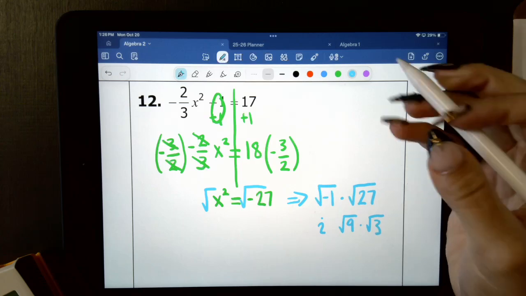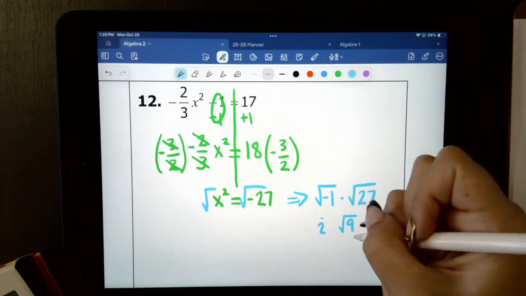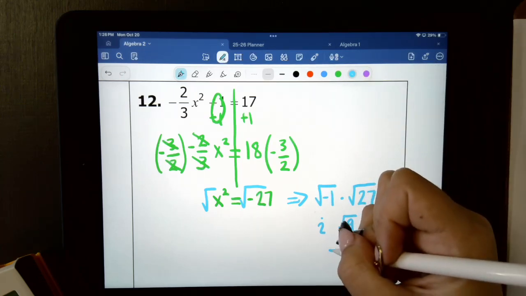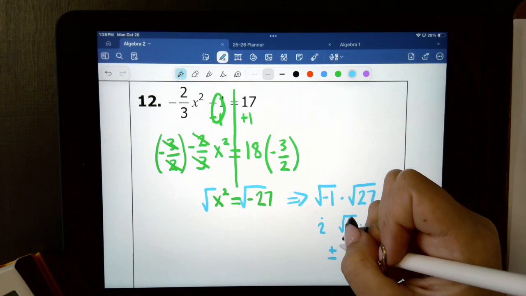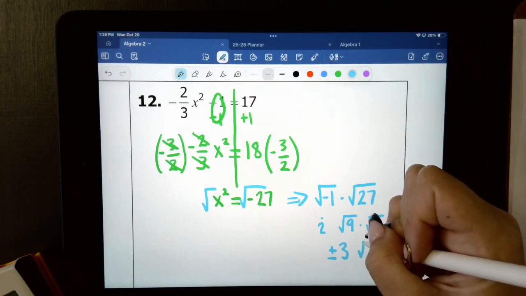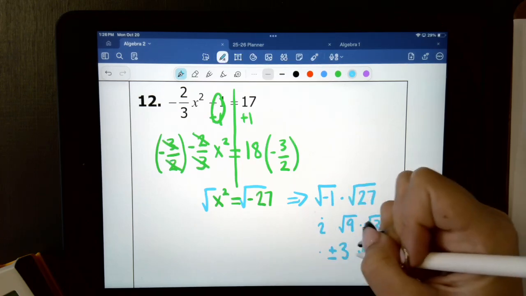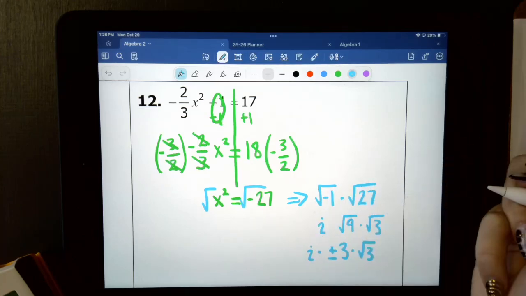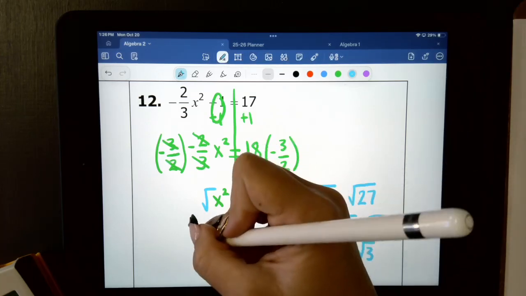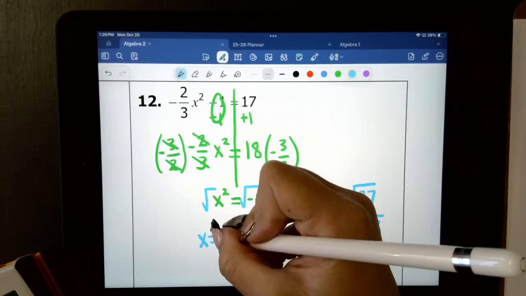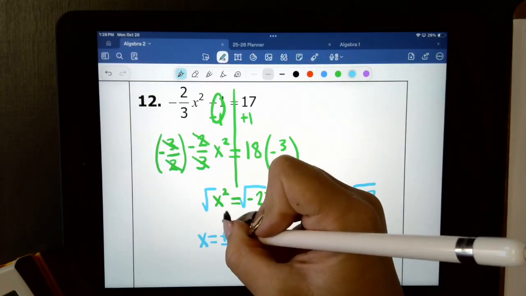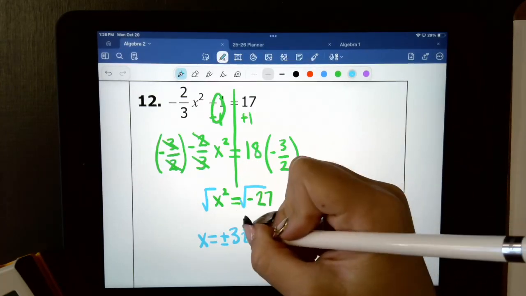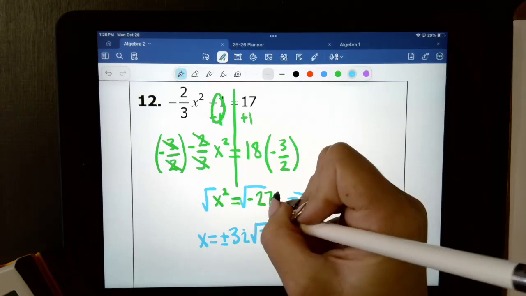So, we know that the square root of 9 is going to give us plus or minus 3. And then we're still left with the square root of 3 inside. These are all still being multiplied, but now i and plus or minus 3 are on the outside. So when we write it out, it's going to look like plus or minus 3i square root of 3.